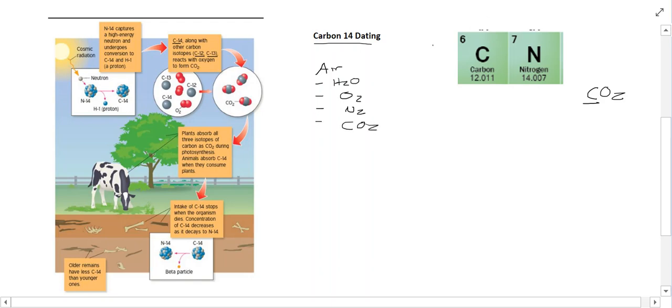So if we focus on carbon dioxide, the air contains carbon dioxide. And the carbon within that carbon dioxide can exist as any of these isotopes, carbon-14, carbon-12, or carbon-13. Now the question is, how does this carbon-14 isotope of carbon form and where does it come from?